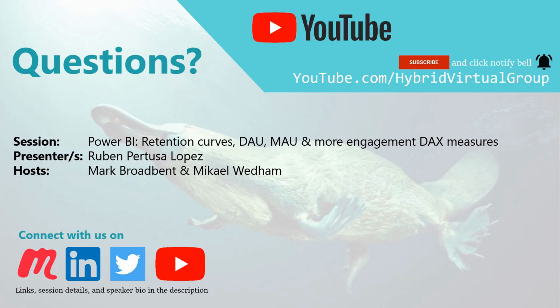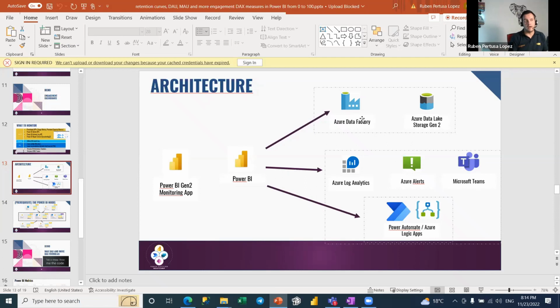But what we are saying here is the same log, the same input, you can query that through Data Factory and store it into a data lake. You can even do that in a Power BI data flow, and store it in a data lake, and then you build your own model on top of that.